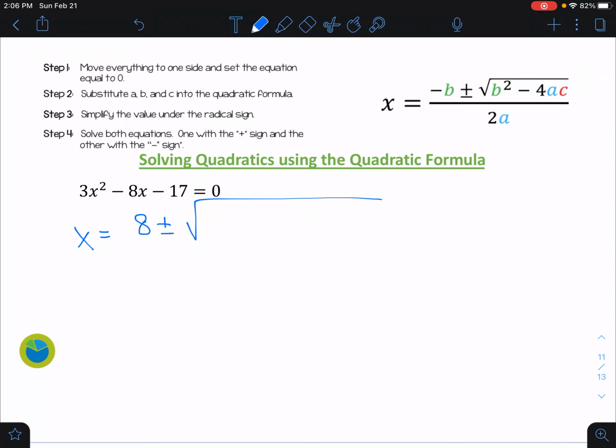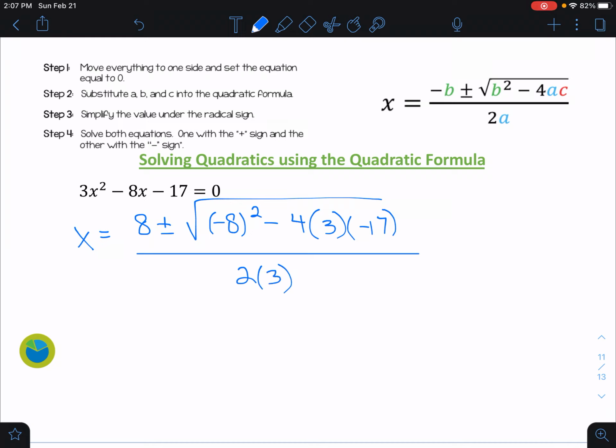Okay, b squared, so negative 8 squared minus 4 times a times c, all over 2 times a. Okay. I'm going to simplify what's underneath the radical.